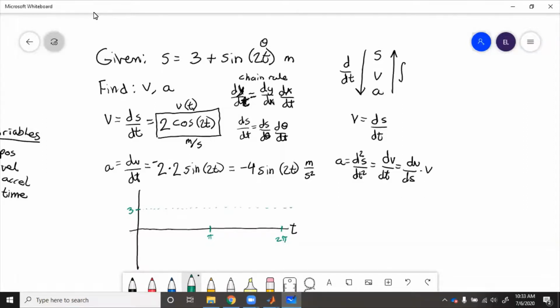And we know that it starts at 3. So the mean is 3, the amplitude is 1 because that's 1 times sine. So we know go up, go down, 1 revolution, 2 revolutions. So that is position.